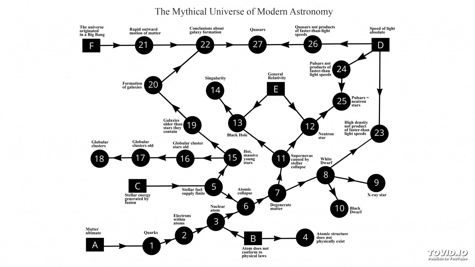They've decided that the small stars collapse quietly and end their lives as black dwarfs, and the big stars explode. And they have identified that explosion with the observed phenomenon known as a supernova. That's number 11 on the diagram.